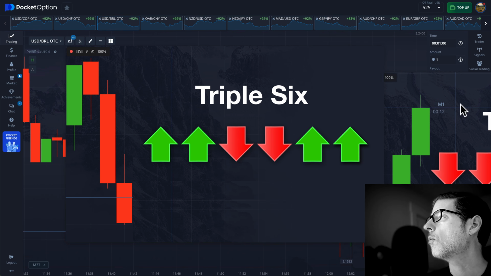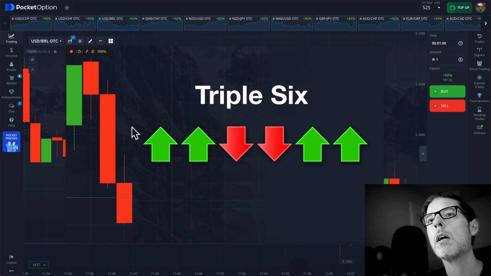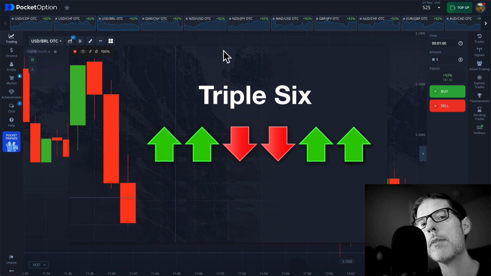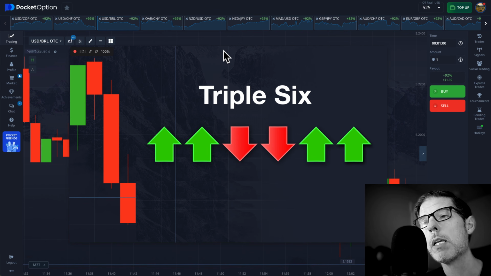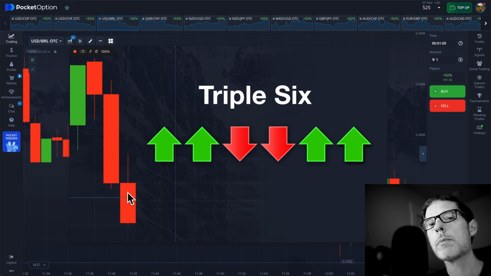So let's start with 3 red candles, just like you see on the screenshot right here. So what happens if that occurs, right? And this happens all of the time. Now, if you see 3, so you've got 1, 2, 3 red candles, you wait until the 3rd candle closes. Okay.